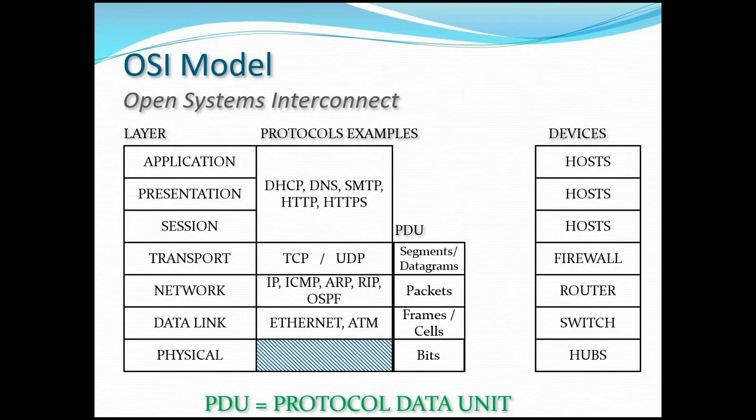But for purposes of our class, all of our switches are layer 2 switches. The router, which exists in the 3rd layer, that's as high as it performs. It doesn't go any higher than the network layer.